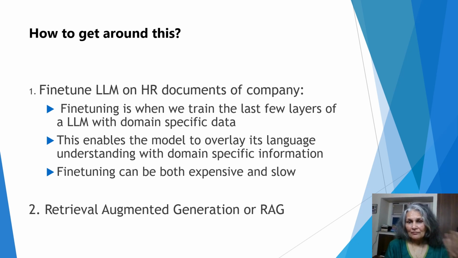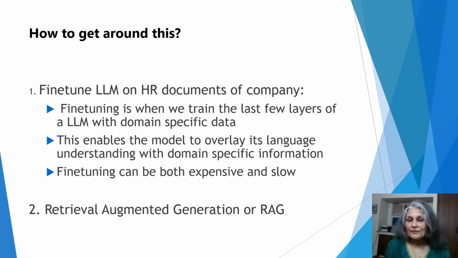That is to say, your HR policy corpus, basically. This enables the model to overlay its language understanding. So let's think of it this way: suppose the model has 1,000 layers. Then essentially what fine-tuning would do is probably train the last few layers, maybe the last 5 or 10 layers.